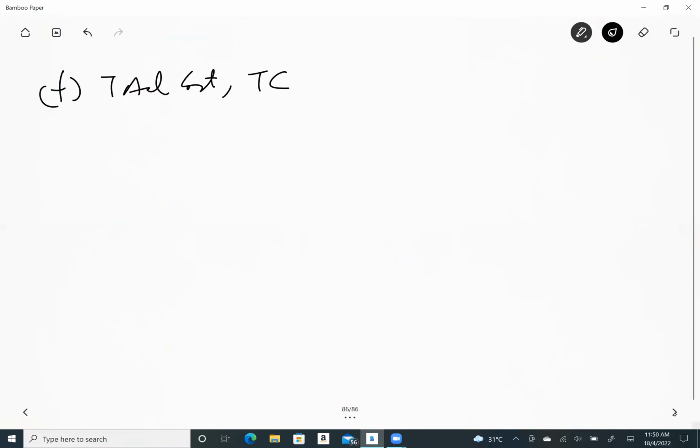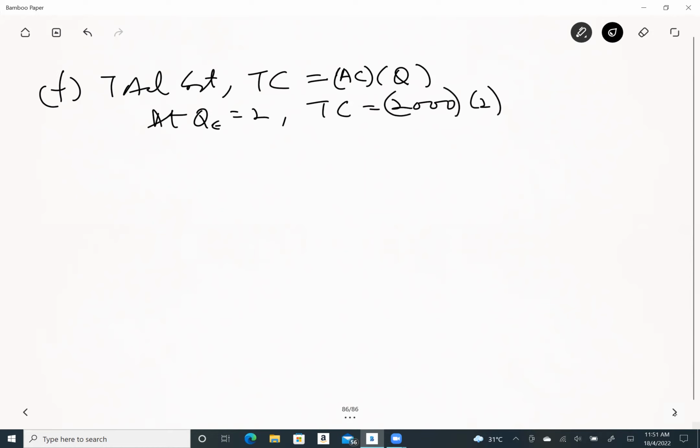TC is equal to average cost multiplied by Q. So at equilibrium, QE equal to 2, cost equals 2,000 times 2. So that is equal to 4,000.